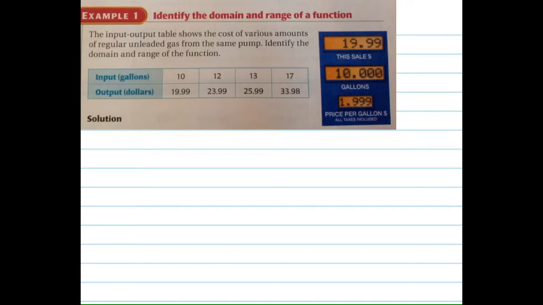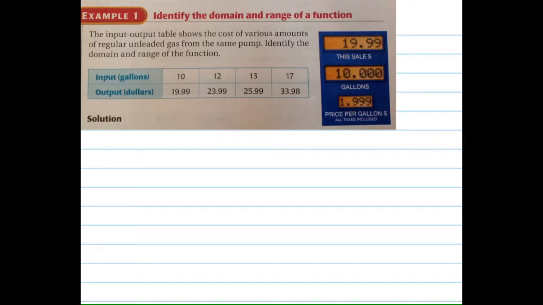So they give us the various inputs there, and as we defined domain as the set of inputs, what are our inputs? What's our domain? Let me make it a little bit more clear. It's a list of numbers that they give you as the inputs.